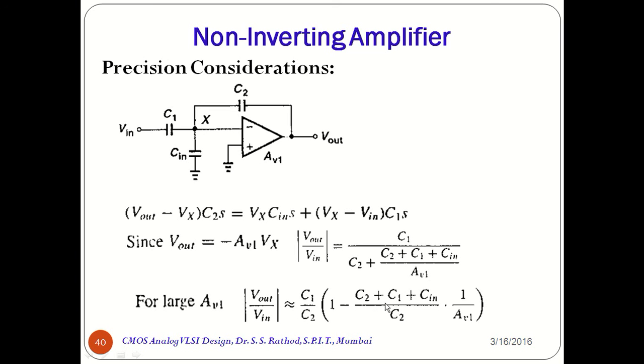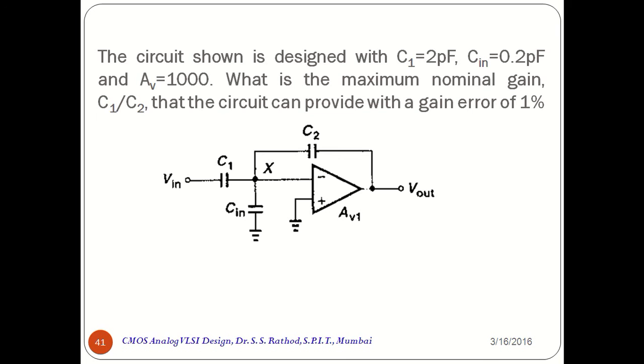Finally you get Vout by Vin as C1 by C2 times 1 minus (C2 plus C1 plus Cin) upon C2 times 1 upon AV1. You can observe from this equation that there is a gain error of (C2 plus C1 plus Cin) upon C2 times AV1. The gain error increases with the nominal gain, that is C1 by C2.